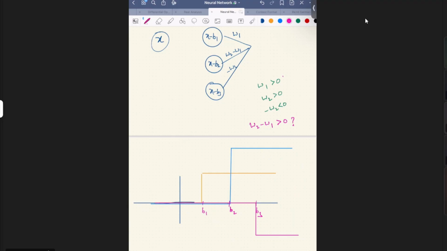So if you maintain the relation that both are positive and W2 is greater than W1, and you keep minus W2 at B3, then this height is W1, and this height is W2 also, sir. Okay, this is the W2, right.